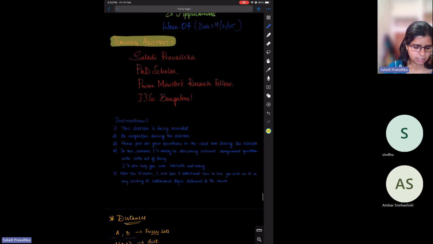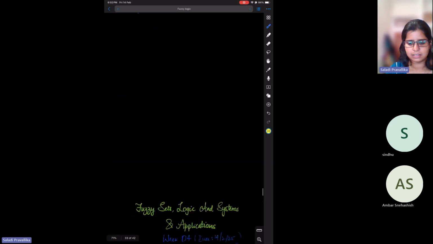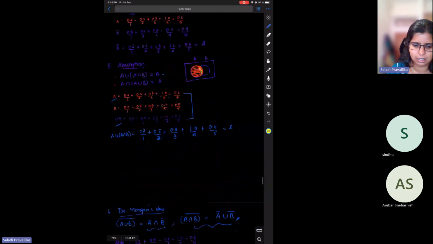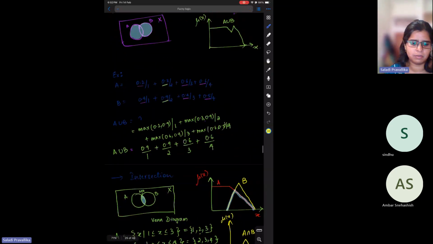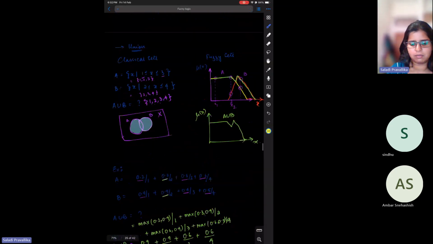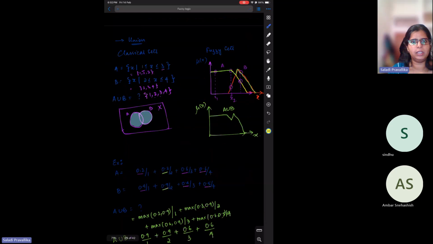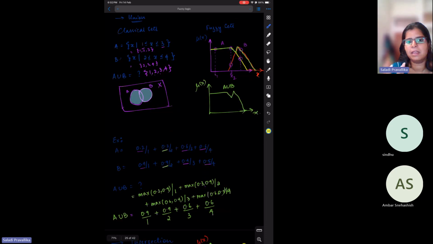So let's see what we have covered last week. Last week, we were looking at different properties of fuzzy sets. We have seen how to take the union of two fuzzy sets. For a union, you take the highest or maximum membership value for a given x value.